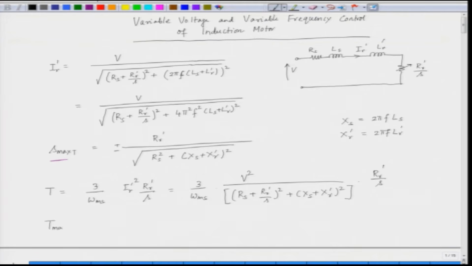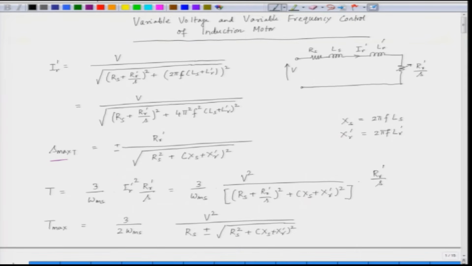So, T max is given as 3 by 2 omega m s into V square divided by R s, plus minus under root R s square plus X s plus X r prime whole square. So, what we get here is the maximum torque.